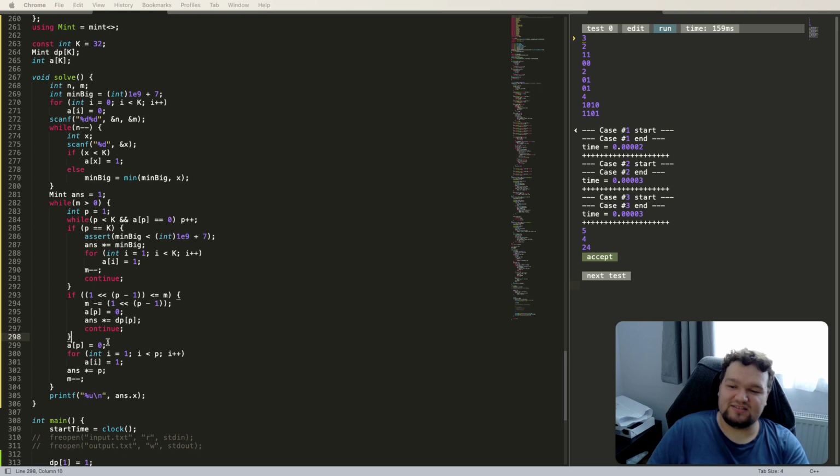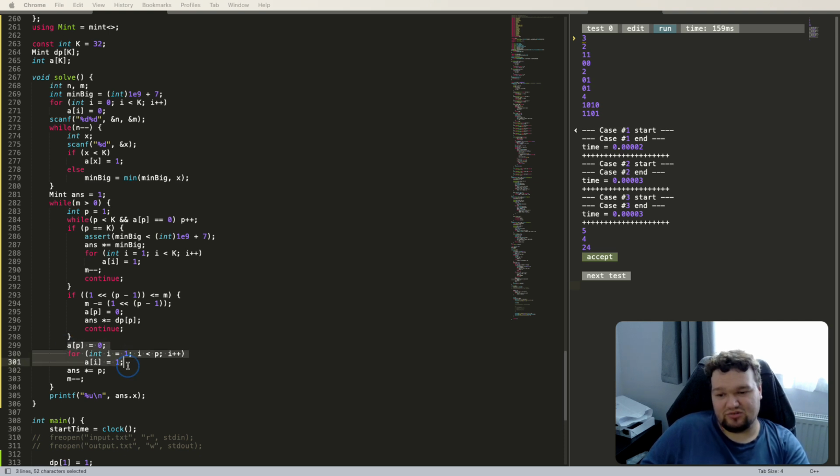But I state that this happens only once for every p, at most once. Why is that? Well, because when we do it, we know that m is smaller than this, and when we do it, we will set all the smaller to 1, so we will not reach this place again.